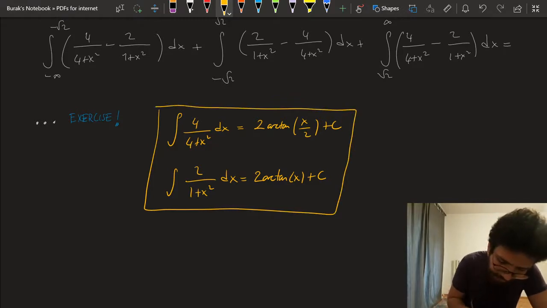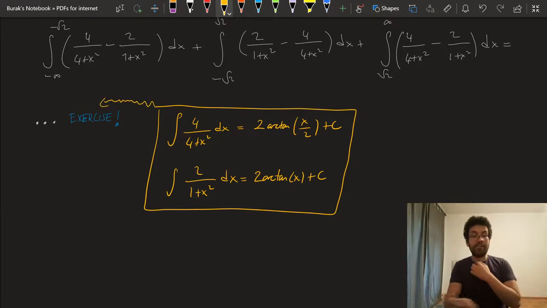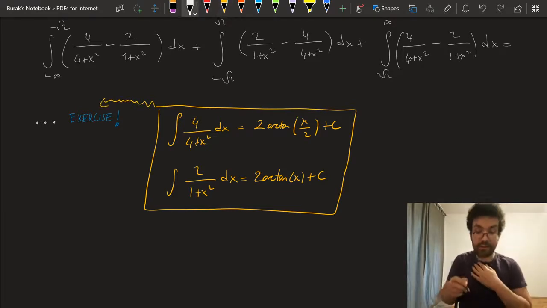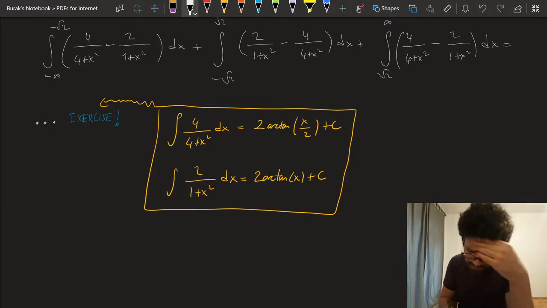So use this fact to evaluate these integrals. Okay, let's double check this first one.